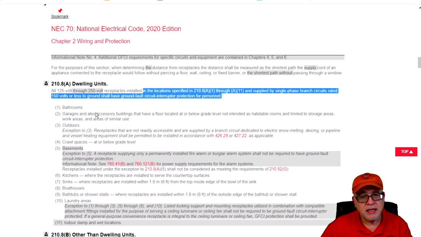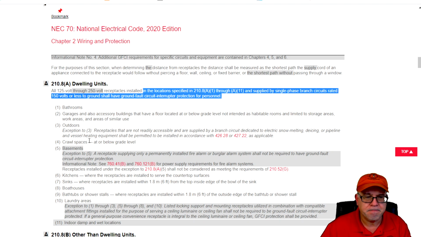And again, in a 208 system or a 250 volt receptacle, one of those legs to ground is definitely going to be 150 volts or less, okay? It's a no-brainer with that.